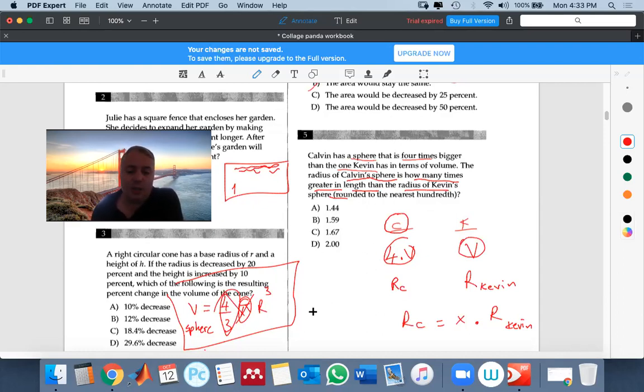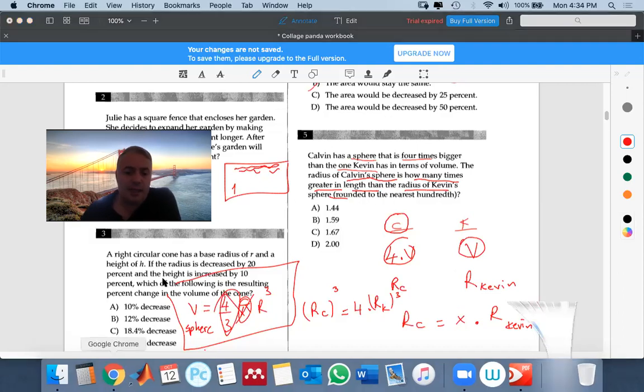Can I say this one? R Calvin cubed is equal to 4 times R Kevin cubed. Can I say this? What do you think? Yes, no?